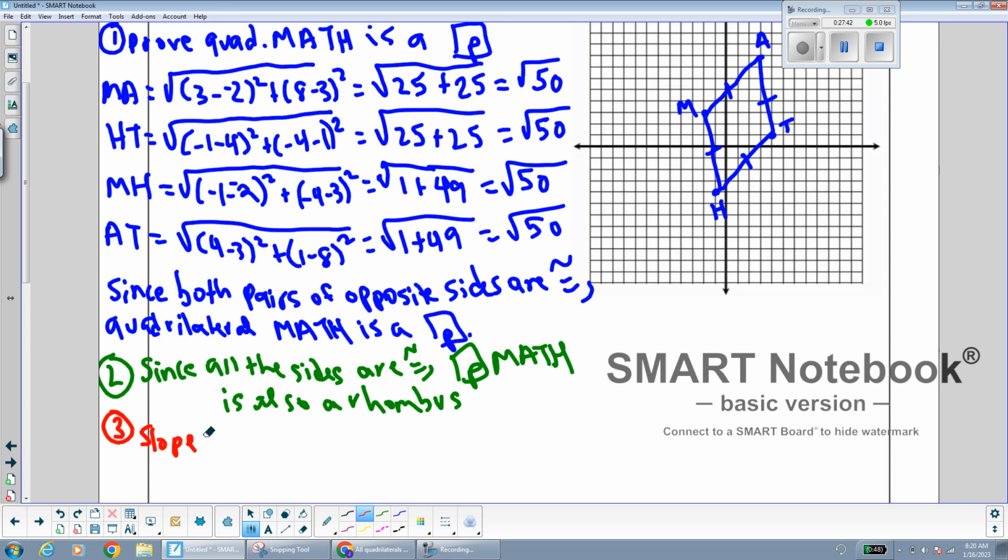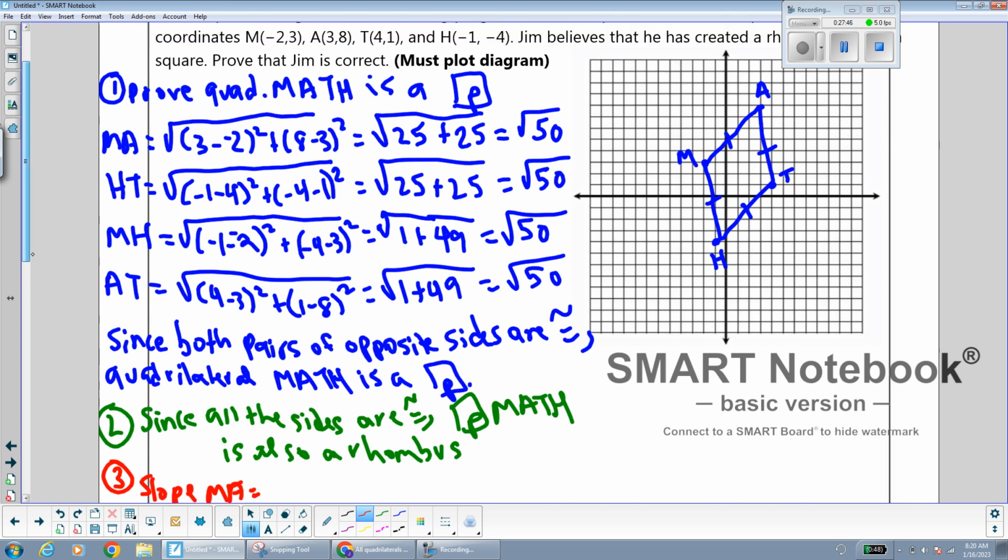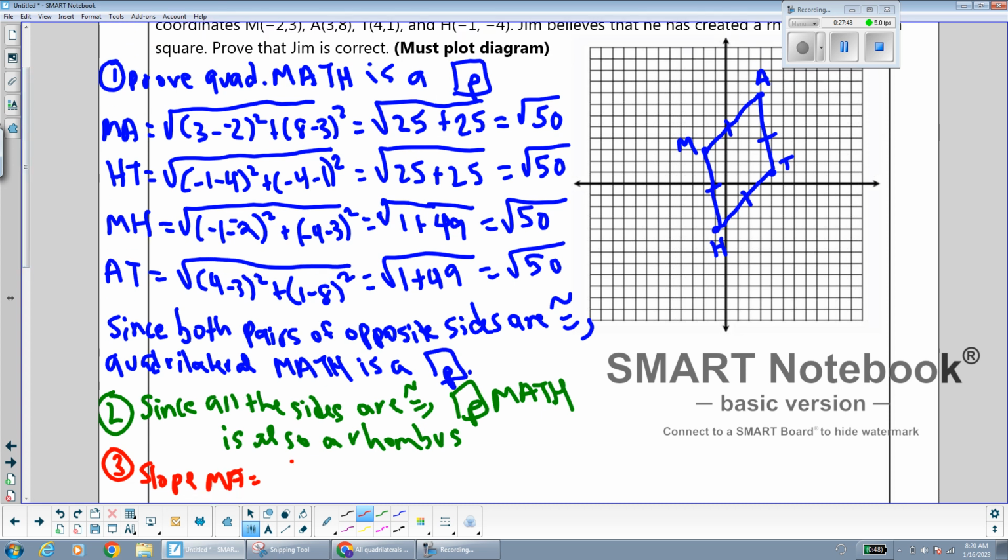So slope of MA, let's get those points. So that is 8 minus 3 over 3 minus negative 2. 5 over 5 is 1. Okay, and now the slope of any side next to it, so I'll just do MH.